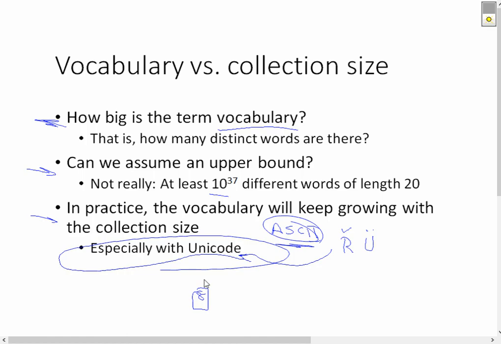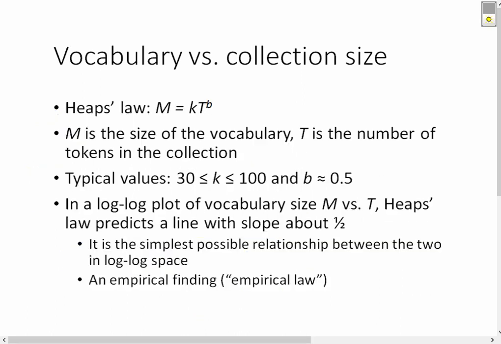What winds up happening with Unicode is that, depending upon the Unicode version I'm using, I'm going to have either 2 of those bytes, 8 bits each, or in many cases 4 of them. So at a minimum, it's 2, and in many cases 4 times as much data to encode the same number of letters when using Unicode. So Unicode is dramatically increasing the amount of storage required for our vocabularies.